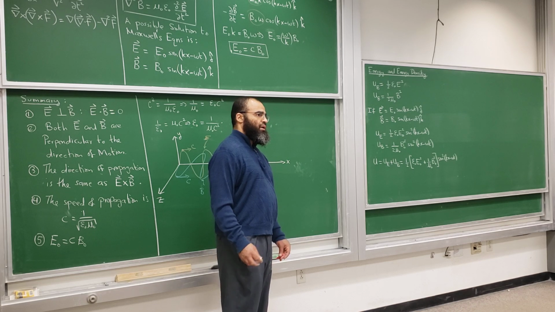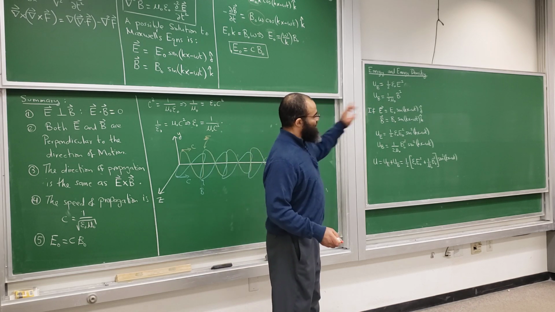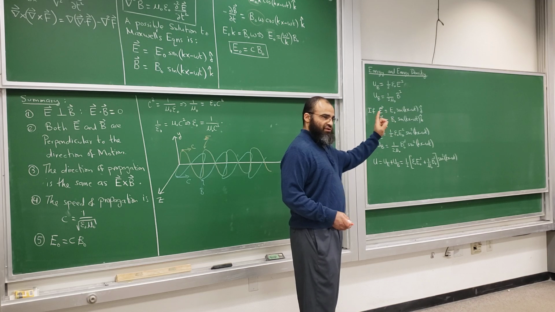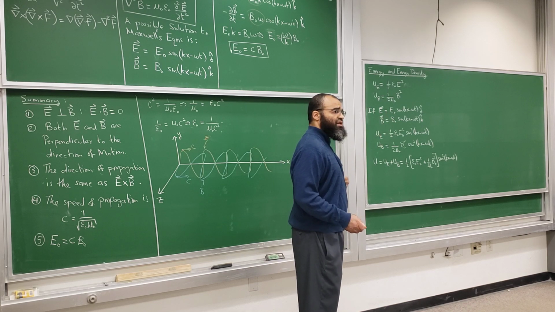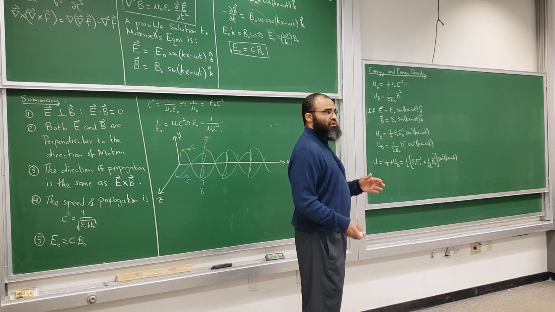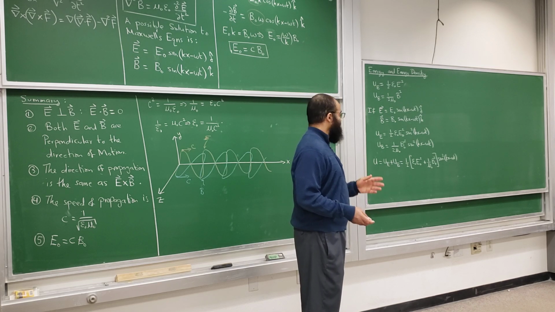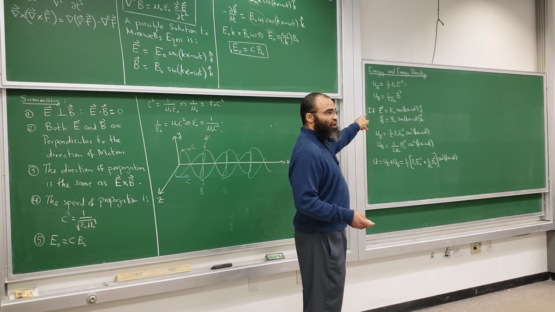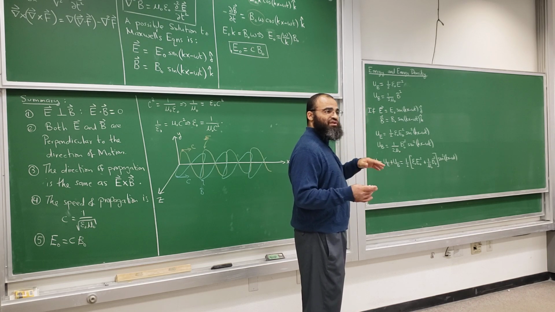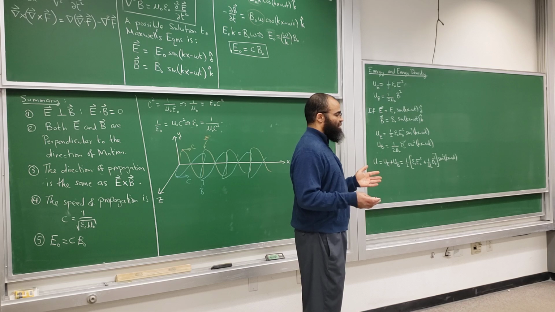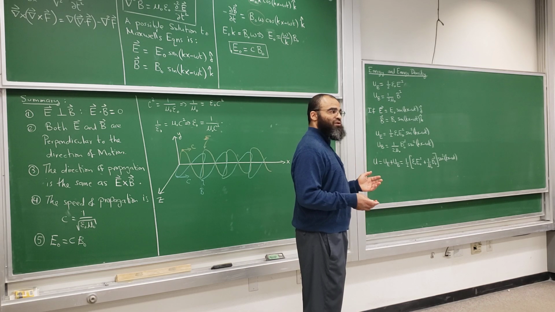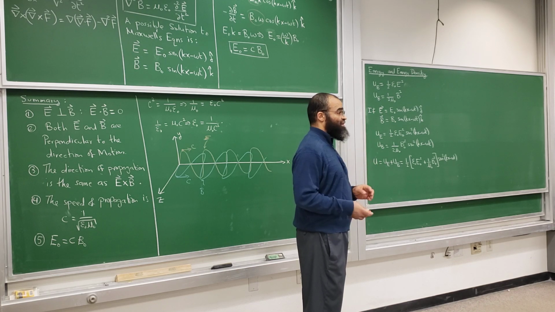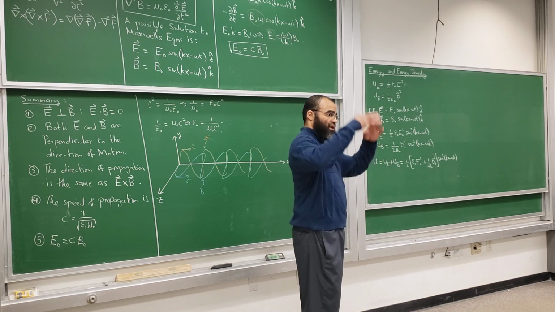So we'll imagine our wave is still propagating to the right in the x direction. By the way, there is nothing special about the x direction. It could be in the y direction or the z direction. We can combine these solutions with other solutions that have the wave propagating in the z direction, and the y direction, and then you have a wave that can be traveling in 3 dimensions, radiating away.